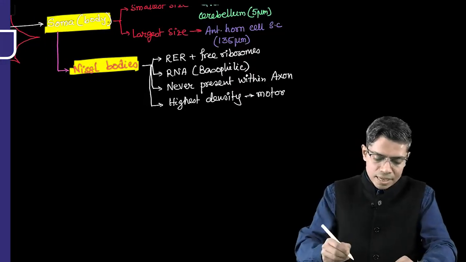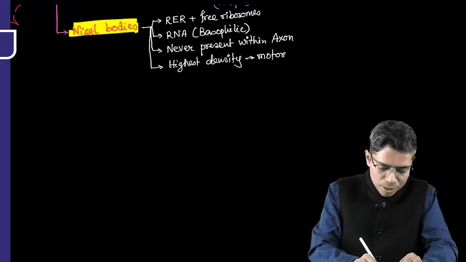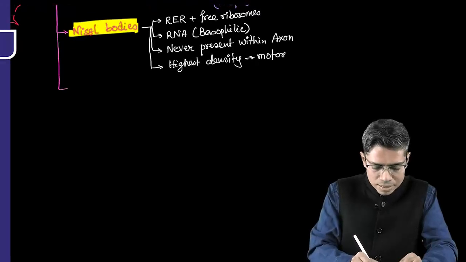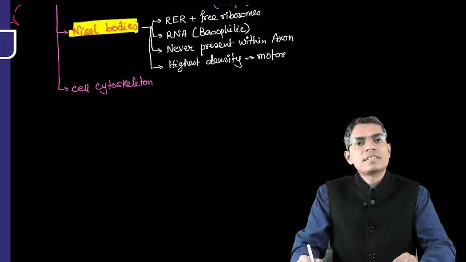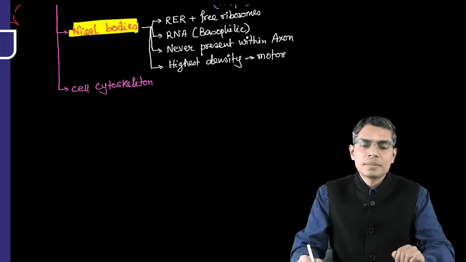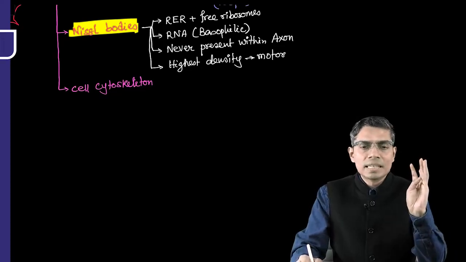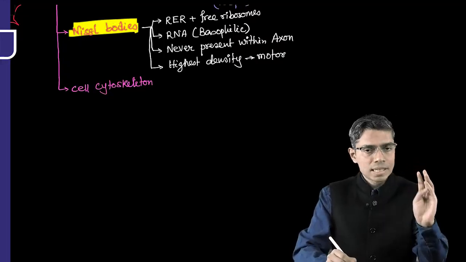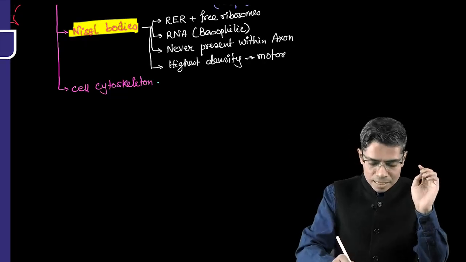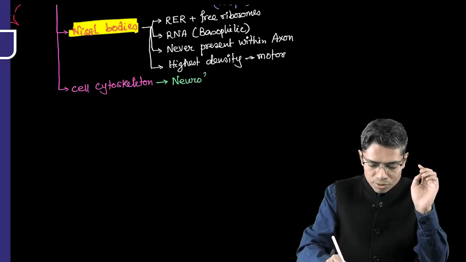Now the second thing is that the cell body of the neuron also contains certain cell cytoskeleton. We have discussed the cell cytoskeleton in the general physiology chapter. There are microtubules, microfilaments and intermediate filaments. In the case of neurons, the main cytoskeletal organelle is an intermediate filament known as neurofilament.